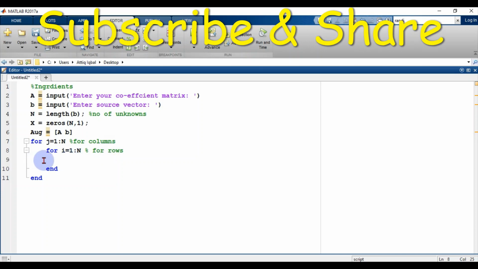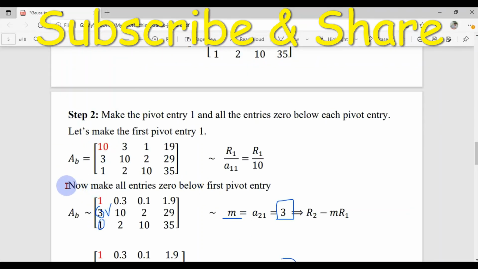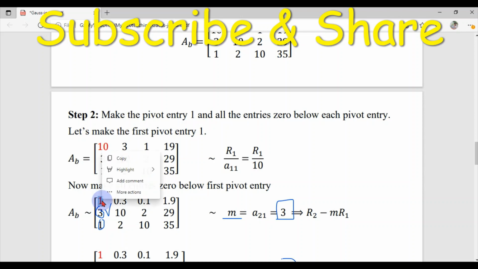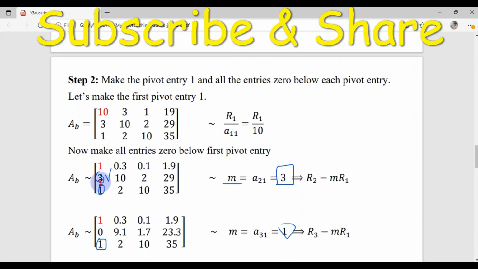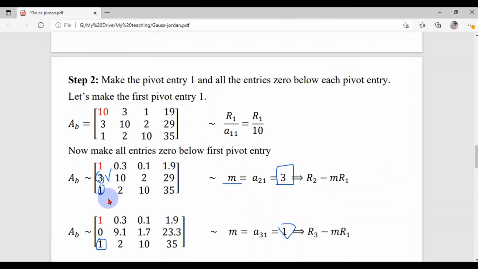Okay, so the first step is I make the pivot entry 1. First of all, I make the pivot entry 1 whenever I enter a new column, and then I make the entries below and above that pivot entry 0. So when I enter column 1, my first task is to make this entry 1, and then I will take care of all the other entries in this column, like this entry and this entry, to make them 0.